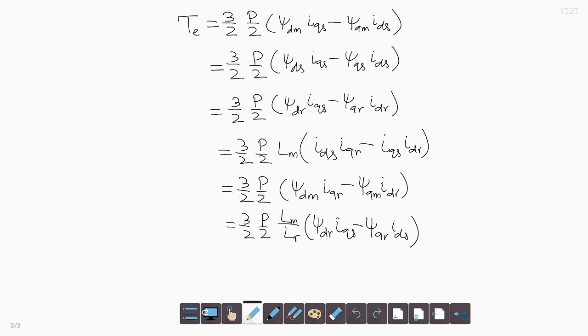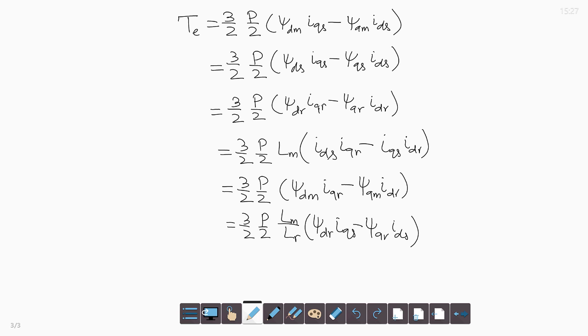The first equation uses mutual flux components and stator current components as variables. The second equation uses stator current components and stator flux linkage components as variables. The third equation uses rotor current components IQR and rotor flux linkage components as variables, and the fourth equation uses only stator and rotor currents as variables.